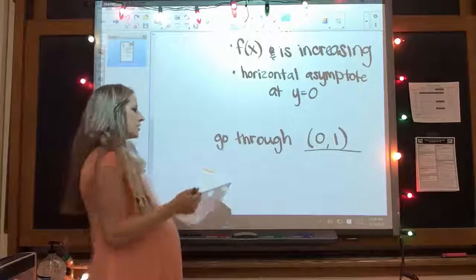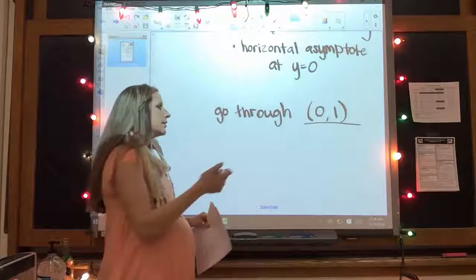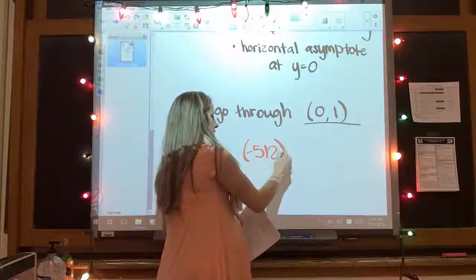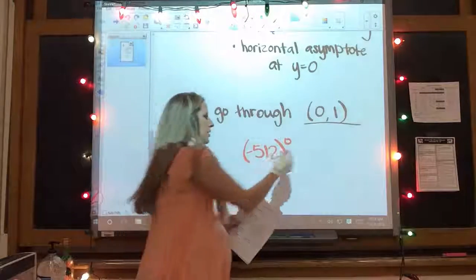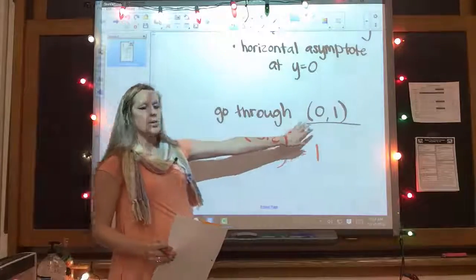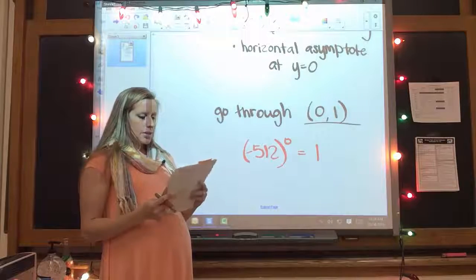Which is kind of cool, and the reason it does that is because anything to the 0 power is 1. So I could have negative 512 to the 0 power, and it's still going to be 1. So that's why exponentials will always go through this point. All right, let's do the next one.